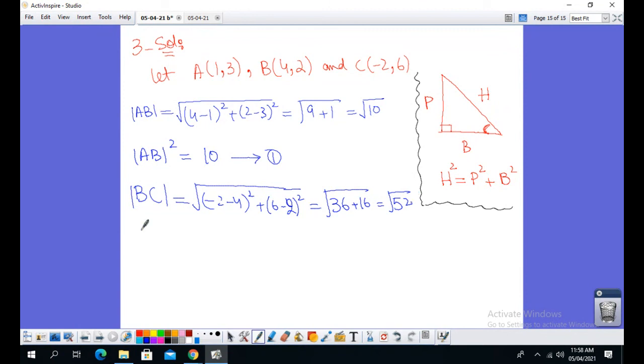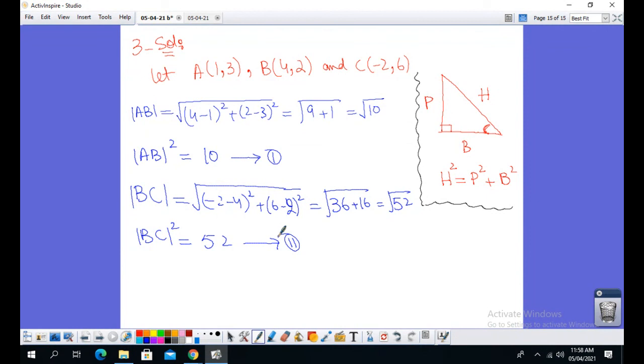When we take the square, we get the second distance. The points are (1, 3), (4, 2) and (-2, 6). When we take the distance AB, it becomes 4 minus 1, 3 squared, and 2 minus 1, 1 squared, giving 10.